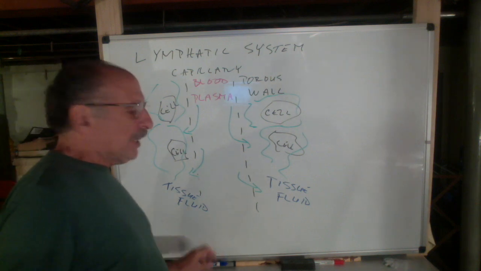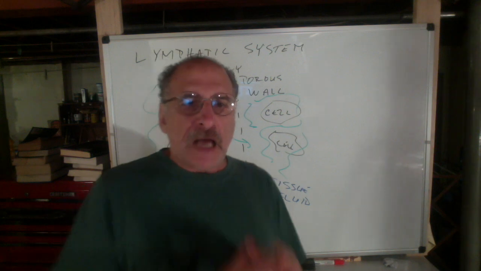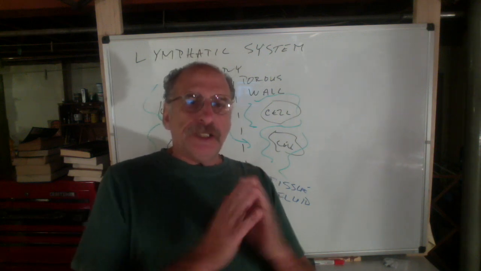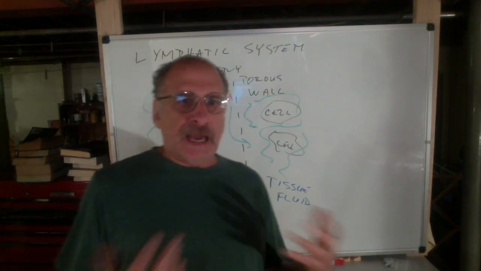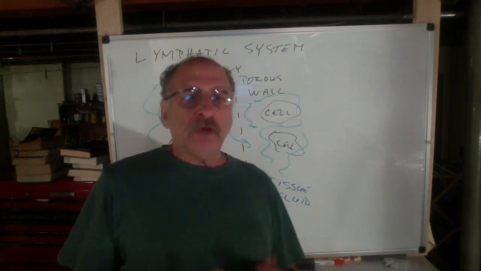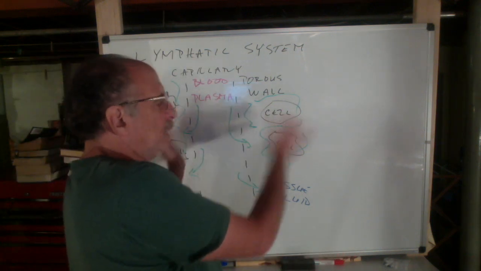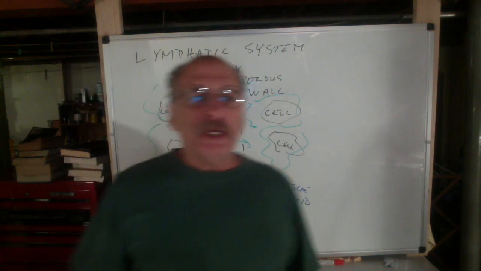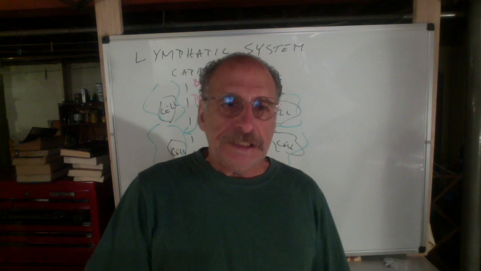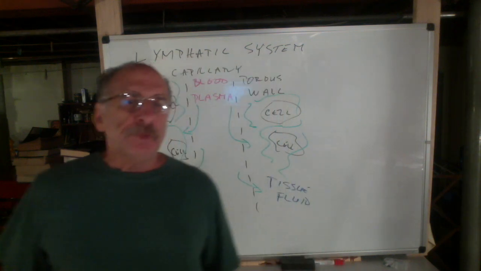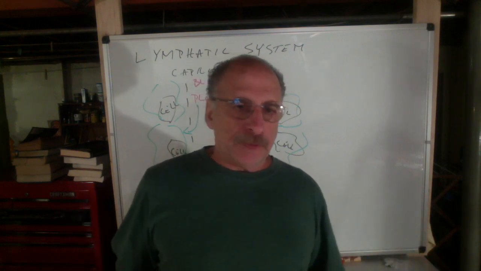Now, it turns out that over any 24-hour period, a volume of fluid leaks out of the capillaries, because you've got capillaries all over your body, and all over your body, constantly, there's a small amount of fluid leaking out of the capillaries, and it adds up to about 3 quarts or 3 liters, if you want to use the metric system. Roughly 3 liters of fluid leaks out of the capillaries.